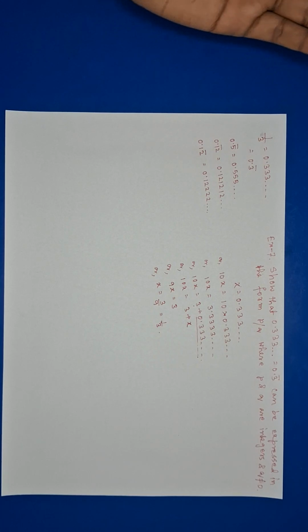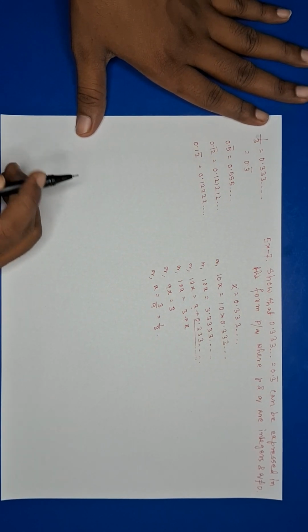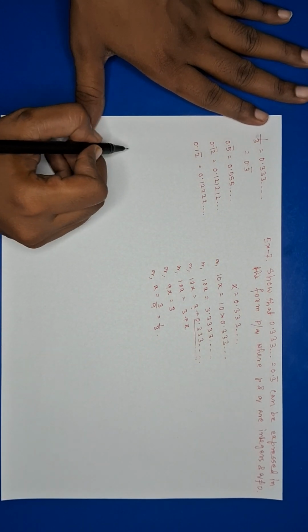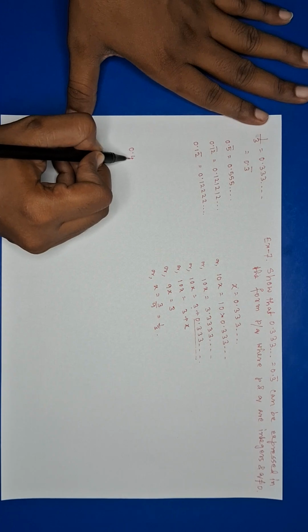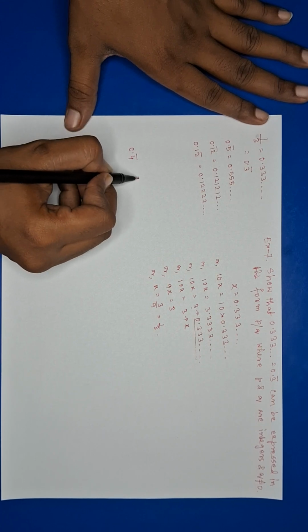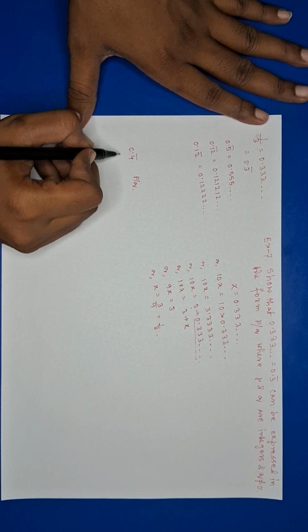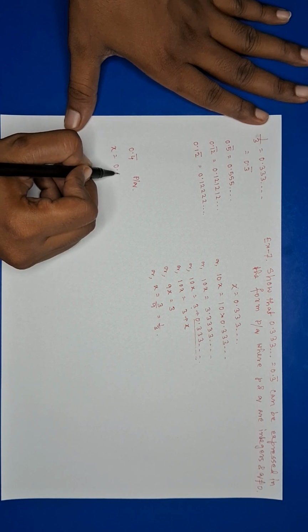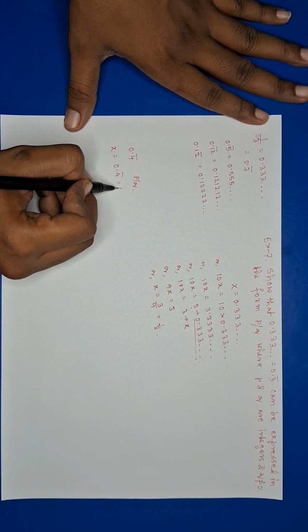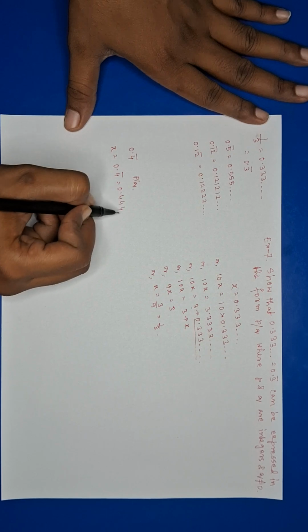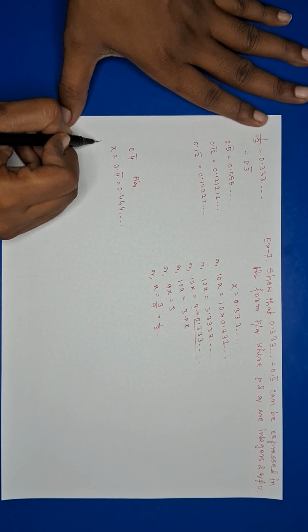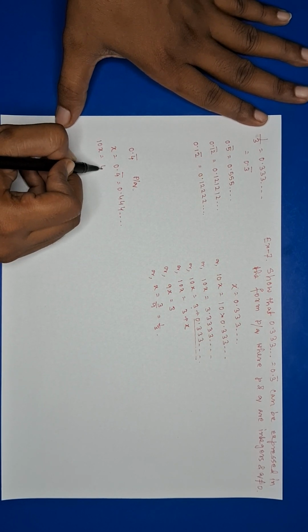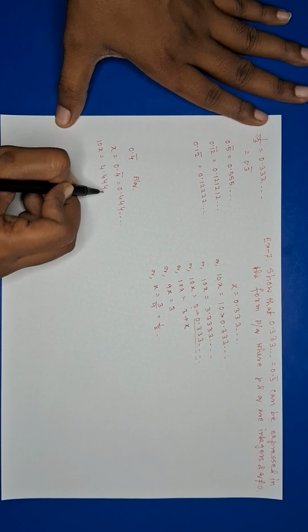Similarly, if someone asks me to write 0.4 bar in the form of p by q, what to do? x is equal to 0.4 bar, which we will take as 0.444 dot dot dot. Now 10x will be 4.444 dot dot dot.